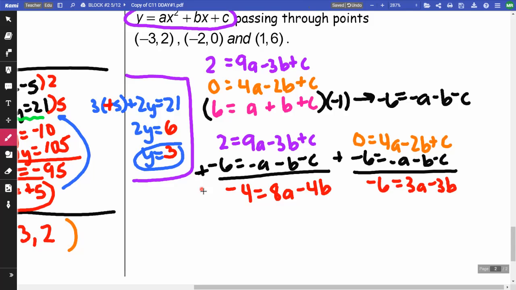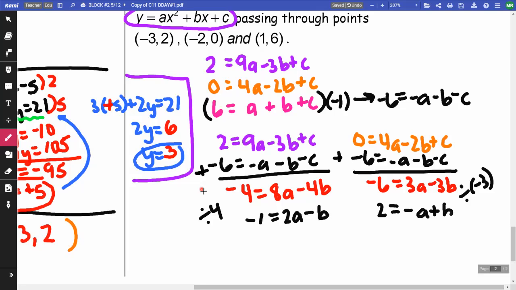So I can divide these by, I divide this one by 4. I am going to get -1 is equal to 2A minus B. And I'm thinking I'm going to divide this one not by 3, but by -3, so that I get a positive B. So if I divide by -3, I'm going to get 2 is equal to -A plus B. And now I'm going to solve this system.